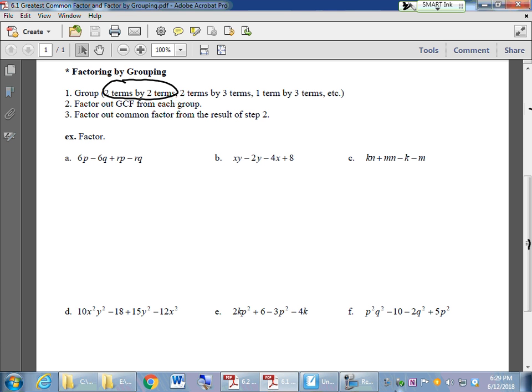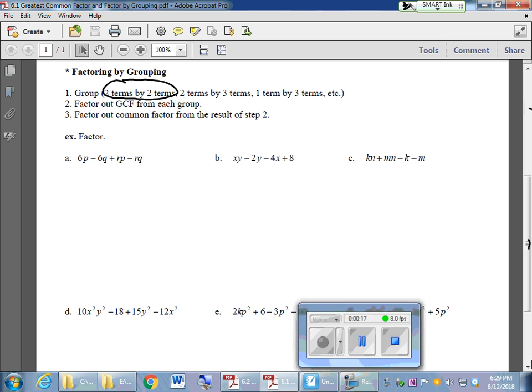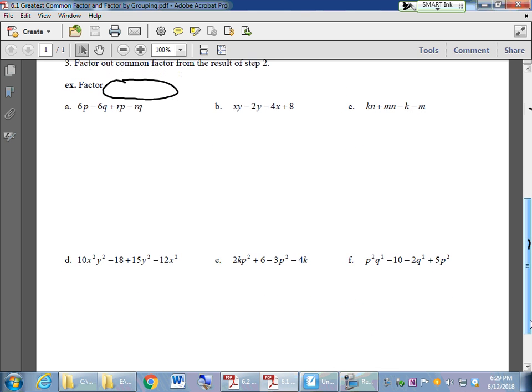If it doesn't work, then you're going to have to regroup in some problems and then try to factor it out if it is factorable. Okay, so let's take a look at factor by grouping.